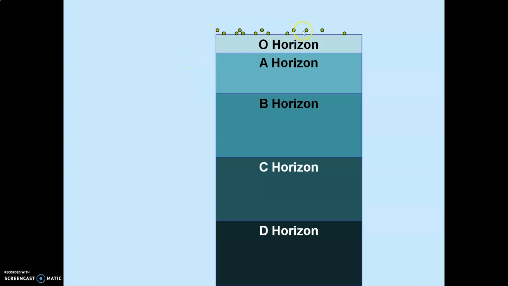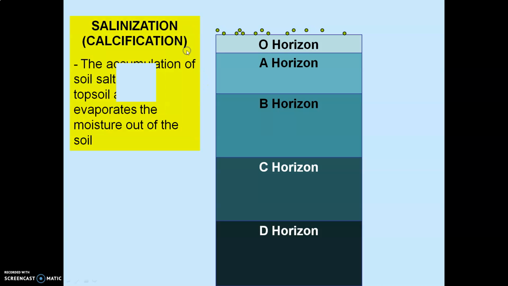So at the very top, you might end up with little white grains. If you have forgotten to water your houseplants for a very long time, you might have noticed a white line that develops around the base of the plant itself. Well, those are soil salts.